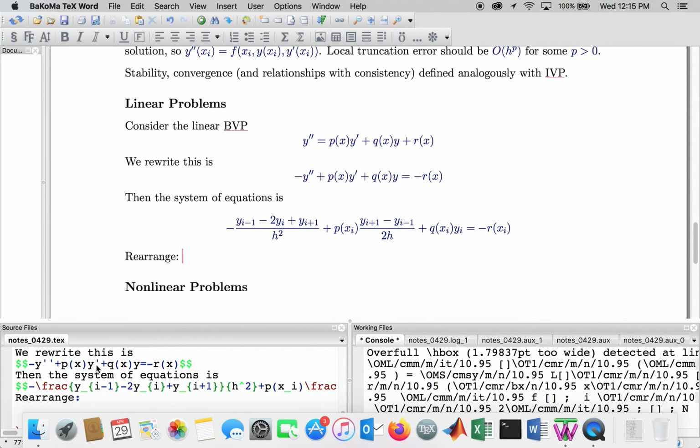Now I've pretty much done my rearranging. I'm going to multiply both sides by h squared, and take into account the minus.